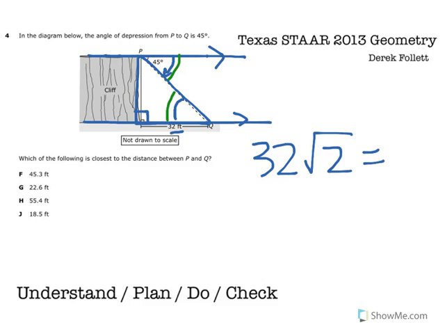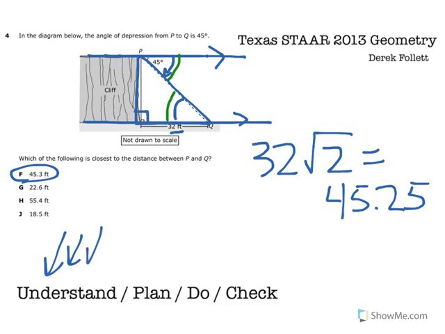And I get, let me pause and grab my calculator, 45.25. That's what I get. So that looks like answer choice F. Oh, I forgot about this down here.